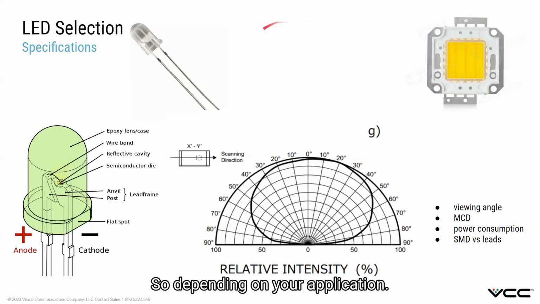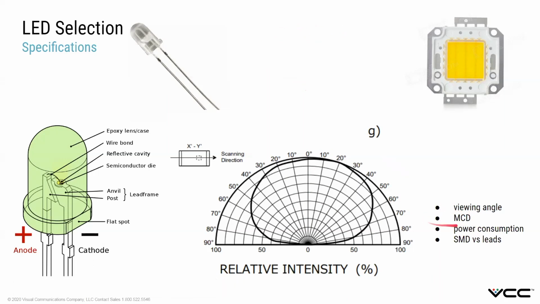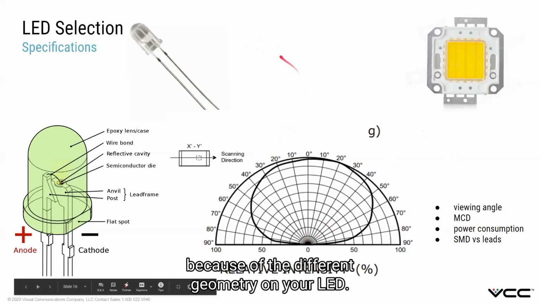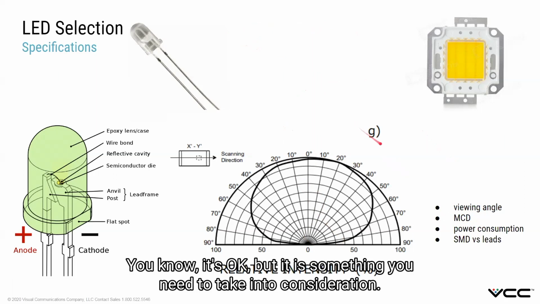So depending on your application, this is what is important to take a look at in your consideration. Sometimes you need to get a really high MCD LED to be able to have a decent light output at the target surface because of the different geometry of the LED. And it's okay, but it's just something that you take into consideration.